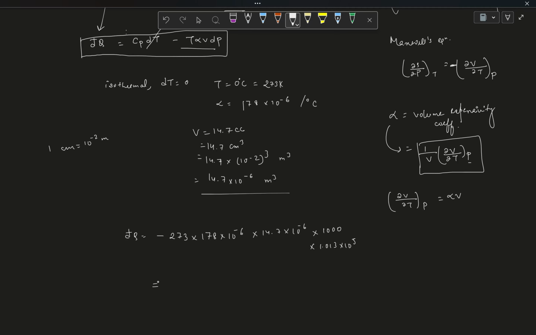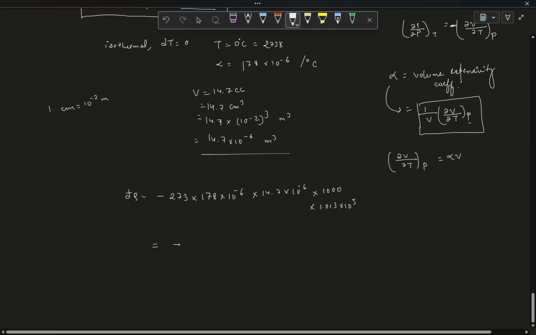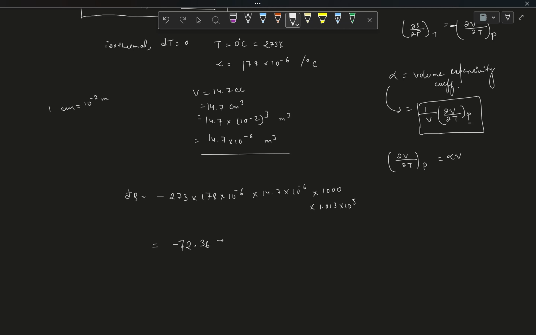By multiplying all these terms, you will get a value of dq, which you can calculate using your calculator. This is minus 72.36 joule.